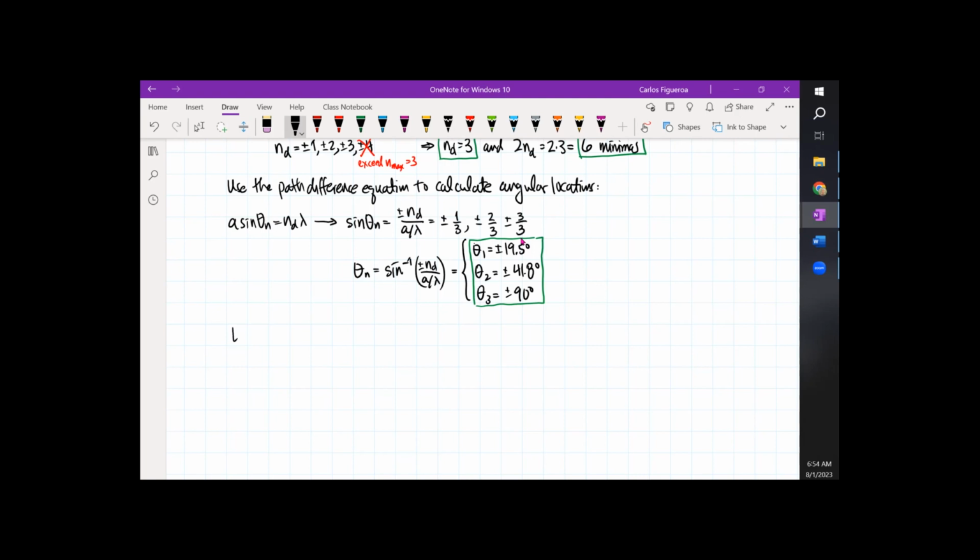So let's check if the small angle approximation, in other words, sine of theta is equal to theta, used in interference is valid for diffraction.